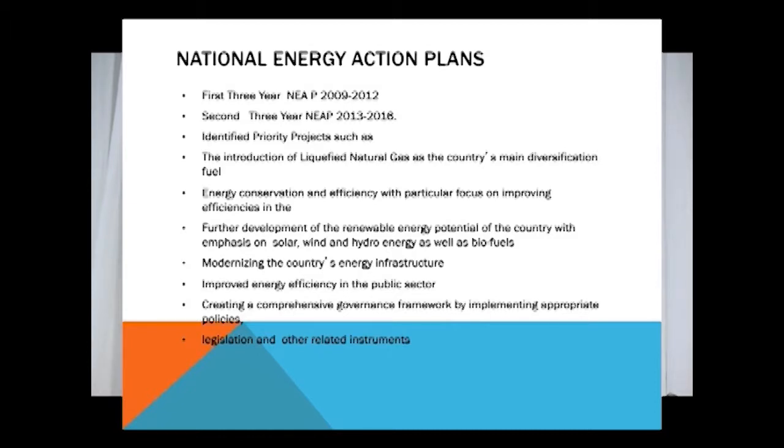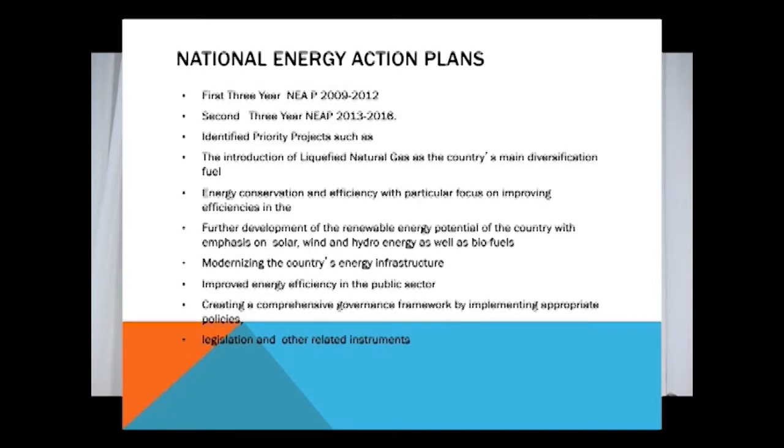And some of the priority projects identified in the first 2 National Energy Action Plans included the introduction of LNG, energy conservation and efficiency with focus on improving efficiencies in the public sector, development of renewable energy potential of the country with emphasis on solar, wind, and hydro energy, as well as biofuels, and creating a comprehensive governance framework for implementing appropriate policies, as well as legislation and other related instruments.